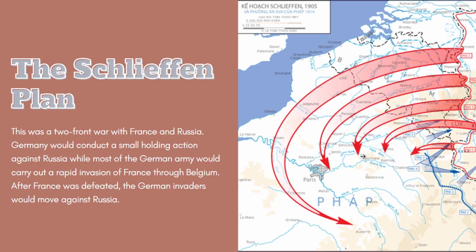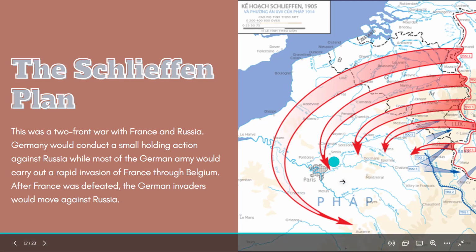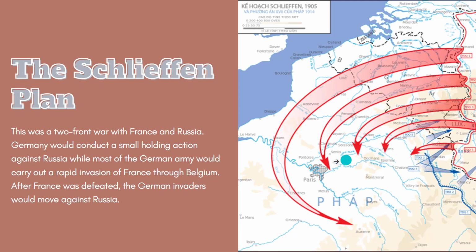So the Schlieffen Plan was a plan derived from Germany, and it was a two-front war with France and Russia. The idea was that they would try to go against Russia by doing a rapid invasion of France, going through Belgium to do that.